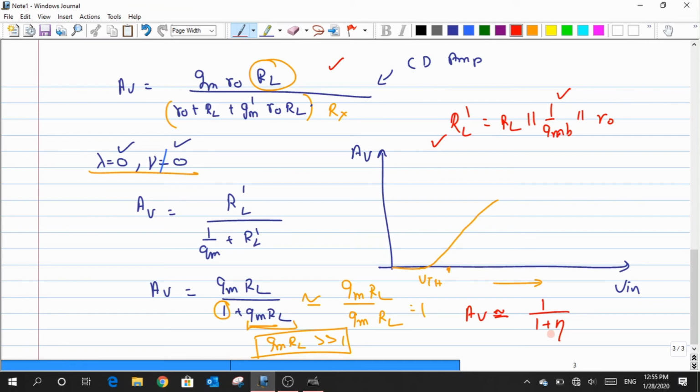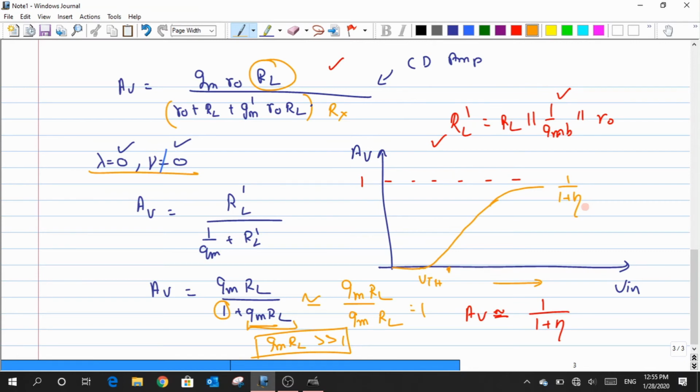So my maximum expectation for a common drain amplifier with a resistive load is basically 1. That is the maximum gain that I can get out of the circuit. But when I have this gamma effect or the body effect, the gain never reaches this 1, but rather the value that it can reach is always less than 1 just because of the factor eta. Is that clear? So those are the graphs that I just wanted to plot based on this.